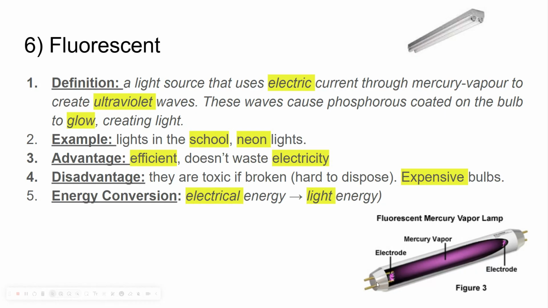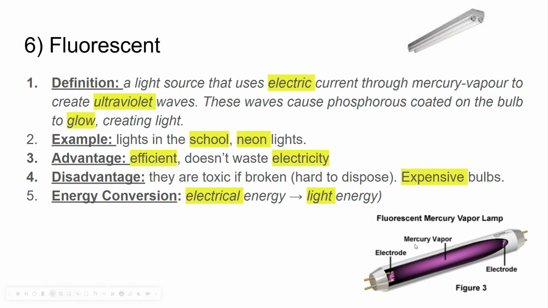Okay? When you flick on the light switch, an electrical current goes through this light bulb. Okay? And that electrical current doesn't just go from one end to the other end. It actually goes through the mercury vapor particles. Okay? And it excites these particles where it reflects back ultraviolet waves.